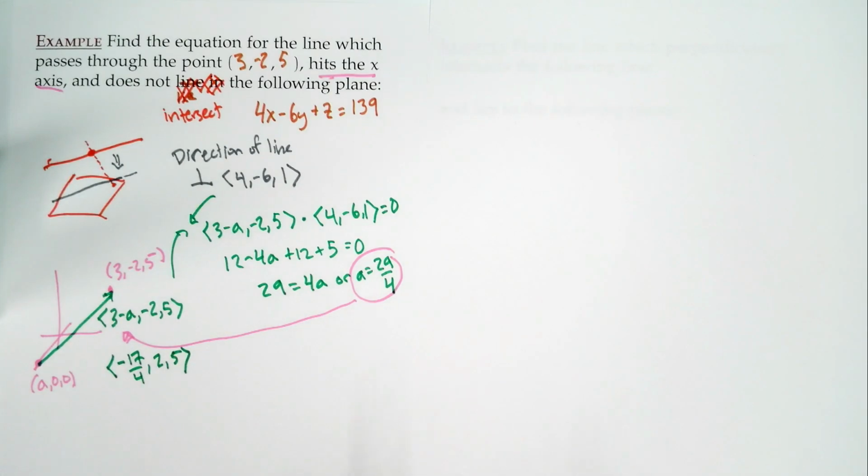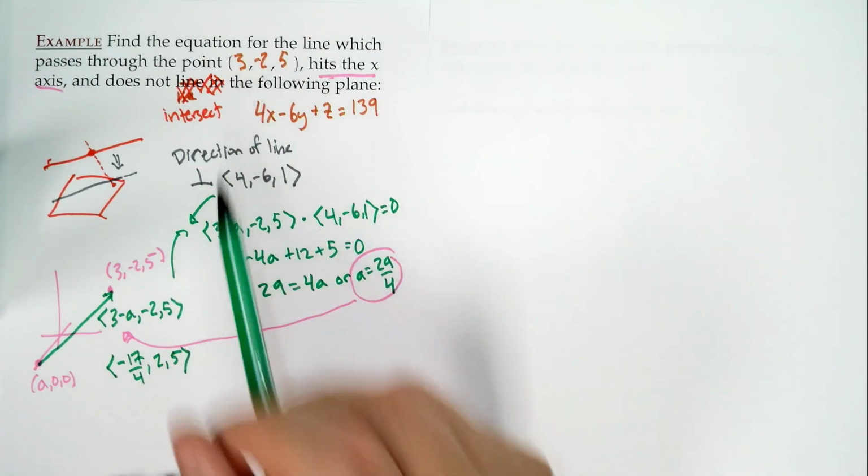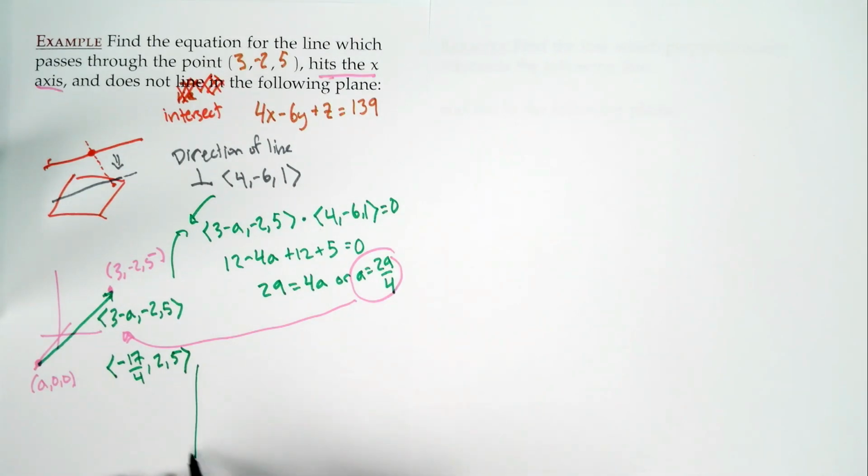All right, good. Now, are we done? Well, what do we have? We have our direction, and we were given a point. And therefore, we can find the line.